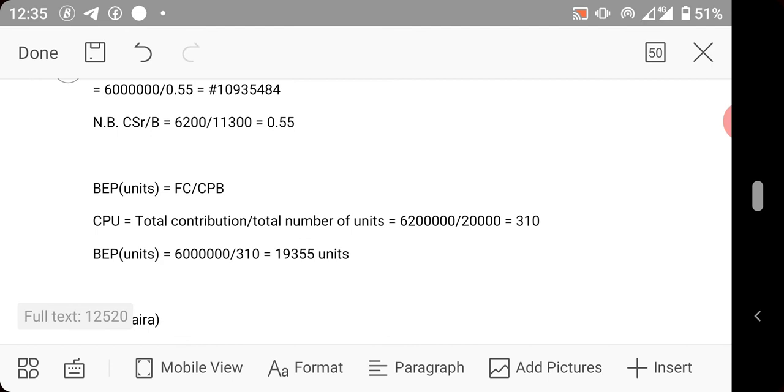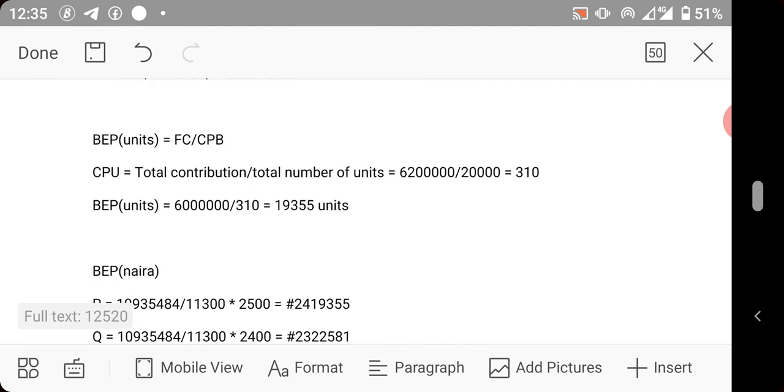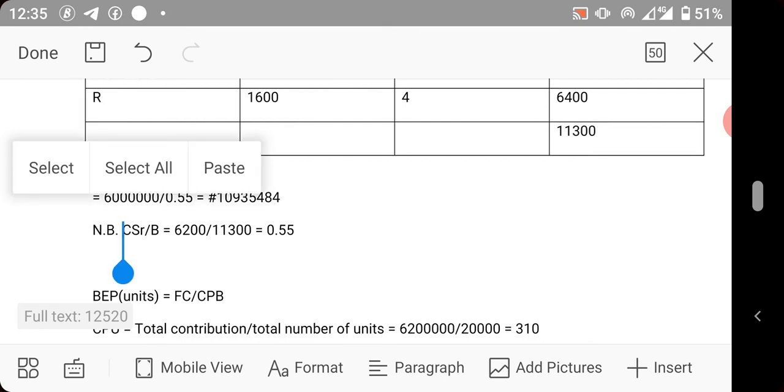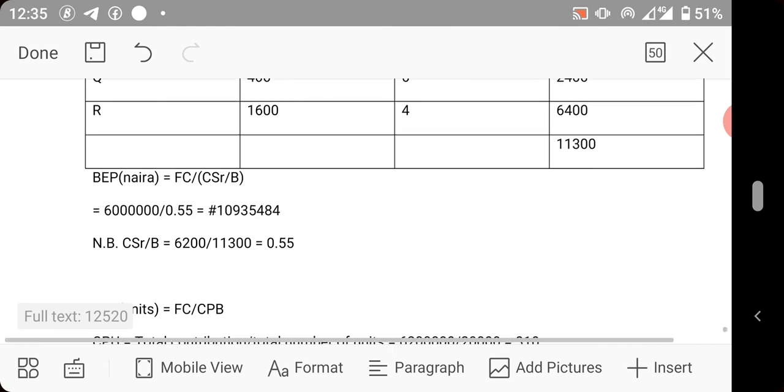So we have this solved here, where contribution per batch is 6,200. So we have sales price and contribution per batch divided by sales price per batch.